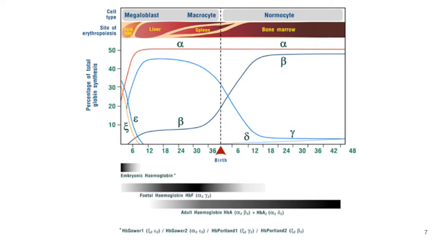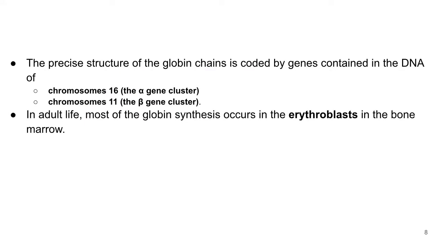The diagram shows the sites of erythropoiesis and different types of globin proteins that appear from the time of early gestation to adult life. The gene for alpha globin protein is located on chromosome 16, and the gene for beta globin protein is located on chromosome 11.